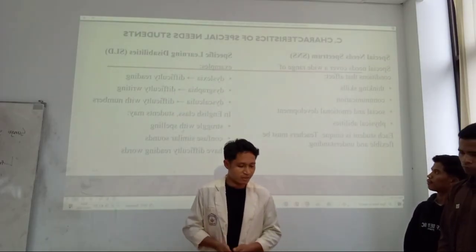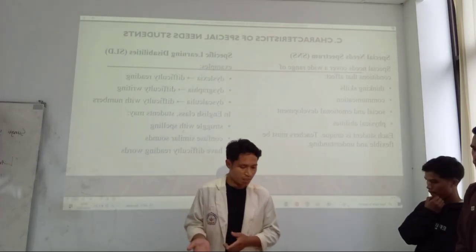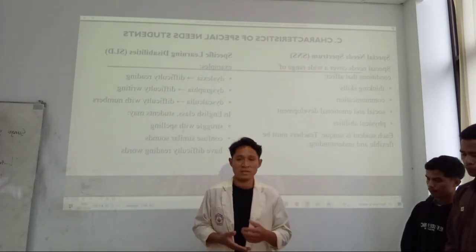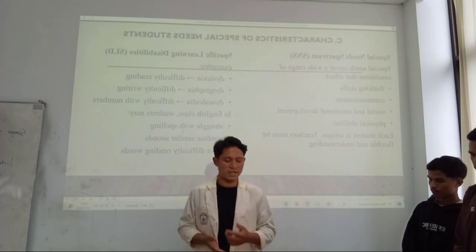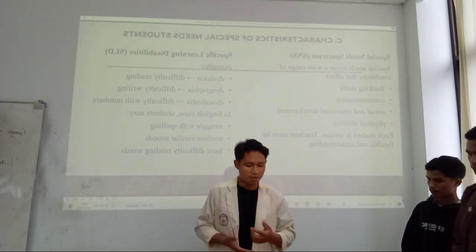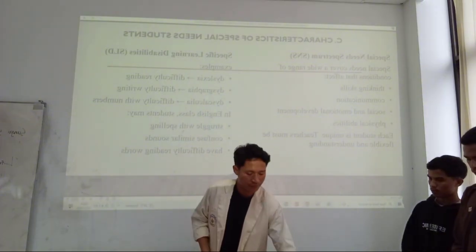In English language learning, students with dyslexia may have difficulty with phonology, word recognition, and reading comprehension. They may also have difficulty distinguishing similar English words and sounds, or remembering the spelling of a new word.